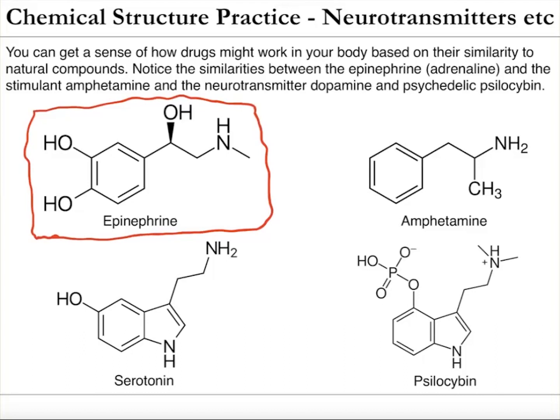So if you're walking down the street and you see a lion looking at you and it's going to start chasing you, your body's going to flood your bloodstream with epinephrine or adrenaline. That's going to bind to cells and basically make it so you could run away really fast. Well, you can see epinephrine has this phenyl ring here. It's got these hydroxyl groups. It's bound to this carbon, and then a nitrogen group, and then another carbon here at the end.